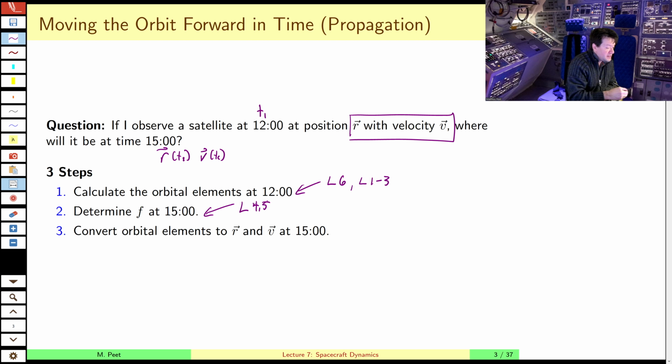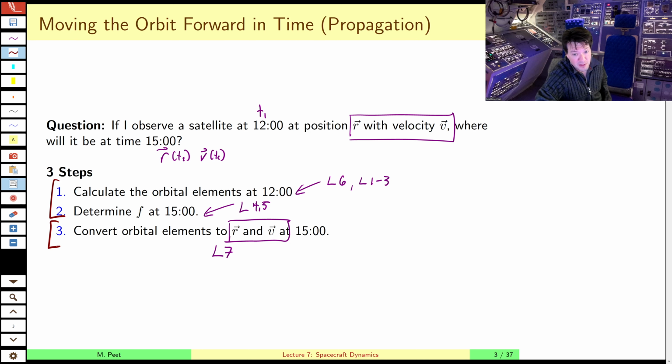And then finally, we're going to use the stuff in lecture 7, which I haven't talked about yet, to be able to compute those final position and velocity vectors. So the first part A here is going to be summarizing steps 1 and 2, and then parts B, C, and D will summarize or derive step 3.